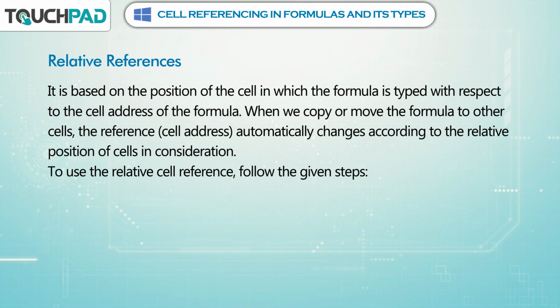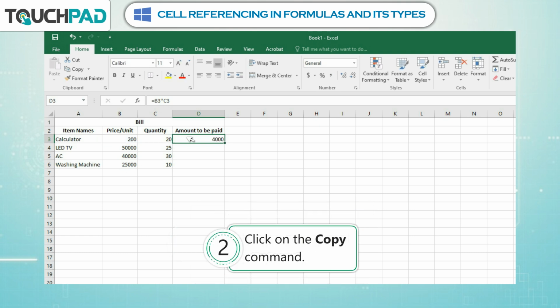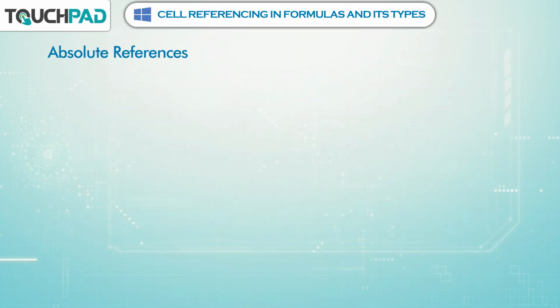To use the relative cell reference, follow the given steps. 1. Select the cell that contains the formula in which the reference of other cells is used. 2. Click on the Copy command. 3. Select another cell in which you want to copy the formula and click on the Paste command.